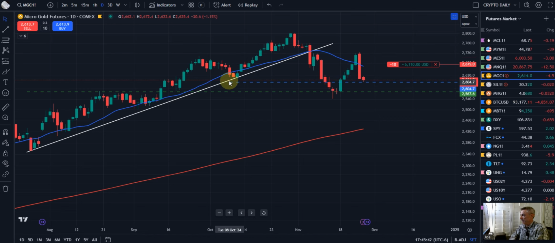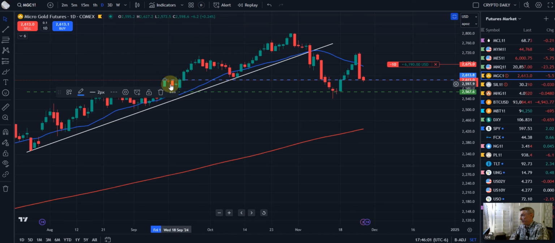So let's bring this line back here. And this was previous support. See how we did a pivot here, came down, hit that line. Well, we had an uptrend line that helped. And then we pivoted here off this previous resistance area that we finally broke out of, okay?